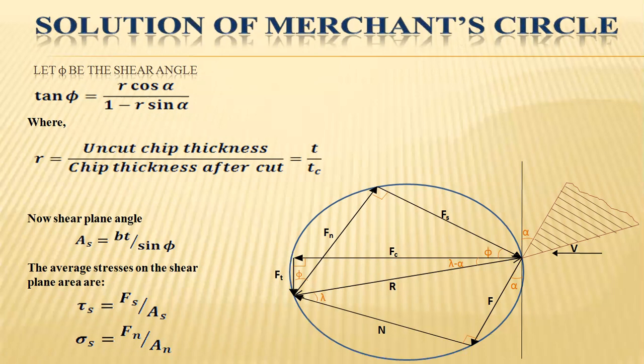Now, the shear plane area is denoted as A equal to b t by sine alpha. That is the average stress on the shear plane area. Here tau s is represented as the shear force over the shear plane area, producing shear stresses and shear strains.